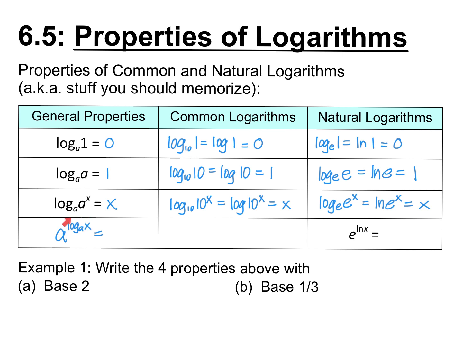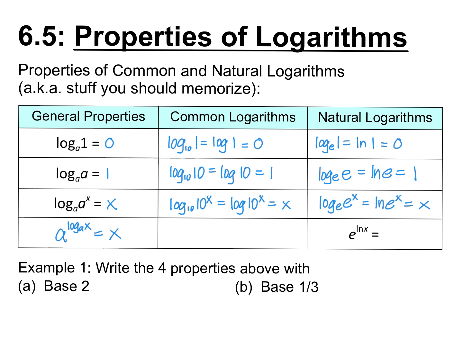And so if this is actually the exponent that we're putting on a, then this should equal x. Because if log base a of x is the exponent you put on a to get x, then a to that exponent should give you x. This one might take a little bit of time for you to process in your head.